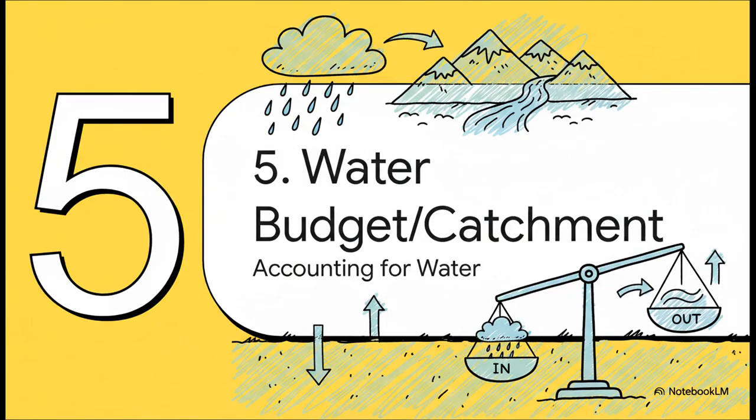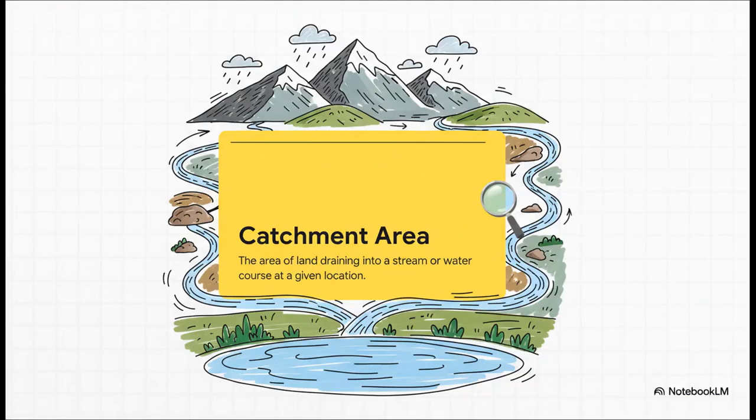This brings us to a really practical tool that hydrologists use, the water budget equation. You can essentially think of it as a way to do accounting, but for water in a specific area. But before we can get to the equation, we need to understand a key term, the catchment area. You might also hear it called a watershed or a drainage basin.